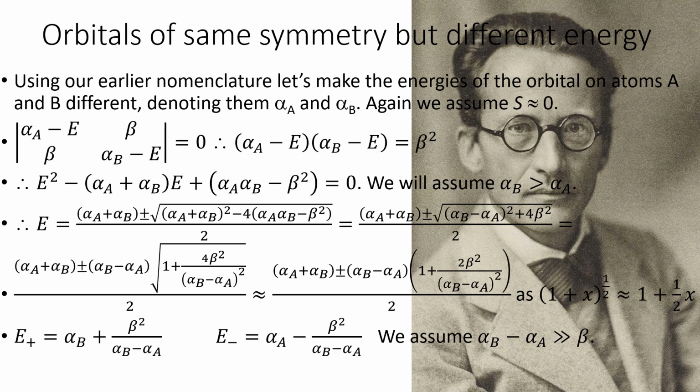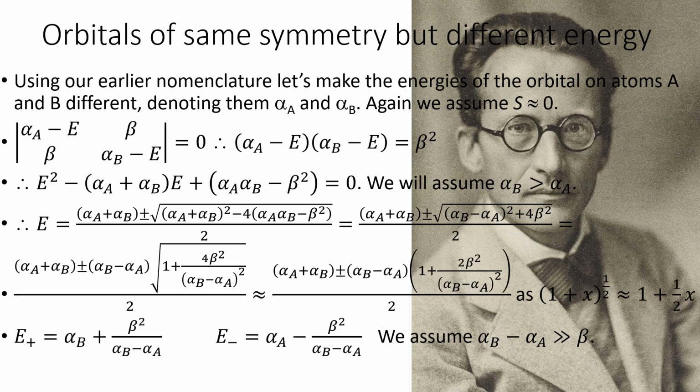So for example, if we take the solution and we take the positive from the plus or minus there, then you can see there that the alpha a is going to cancel, and that just leaves us with alpha b plus, and you can see that in the alpha b minus alpha a all squared denominator, one of those products of brackets, one of those brackets is going to cancel. And so we're going to end up with the positive term being alpha b plus beta squared over alpha b minus alpha a.